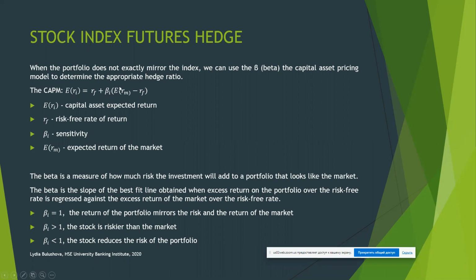Beta is a slope coefficient, or a measure of how much risk this particular investment adds to a portfolio that mirrors the market. So if I have a market portfolio or index, what portion of risk can this additional security add to my portfolio?